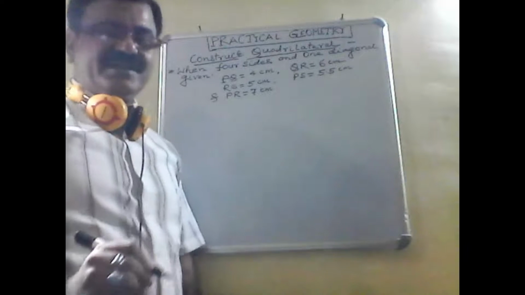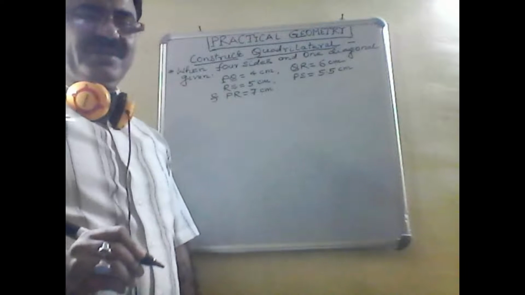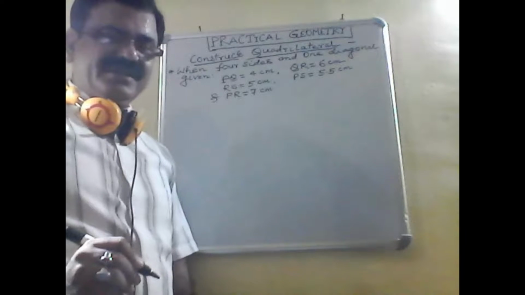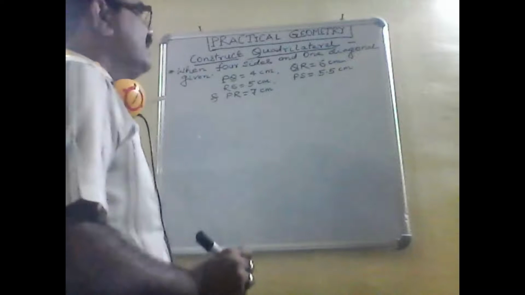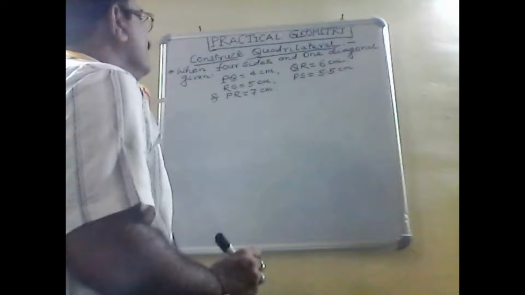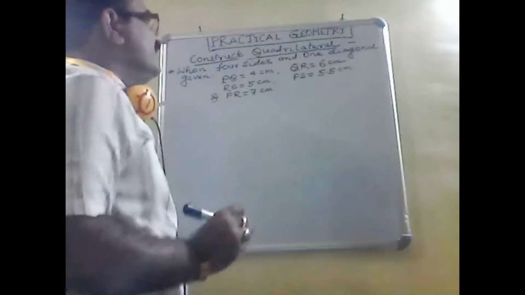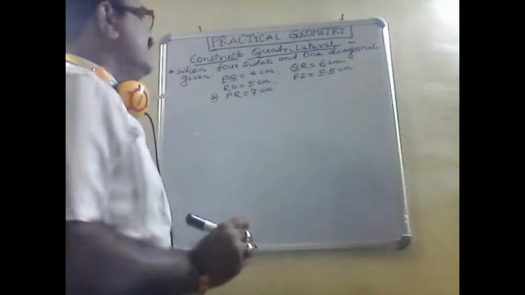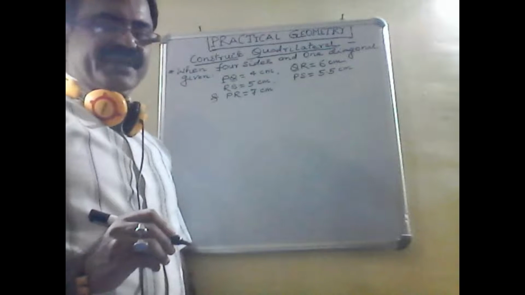In the earlier chapter, chapter 3, we already learned the concept of the quadrilateral. Now today we will learn about the construction of quadrilaterals. It is very clear that it has 4 sides and 4 angles.